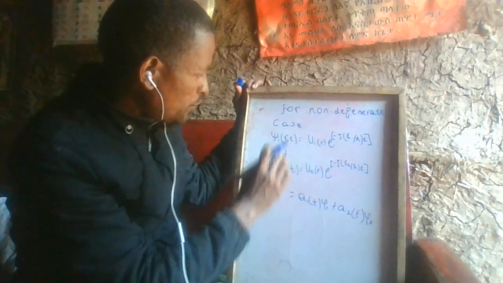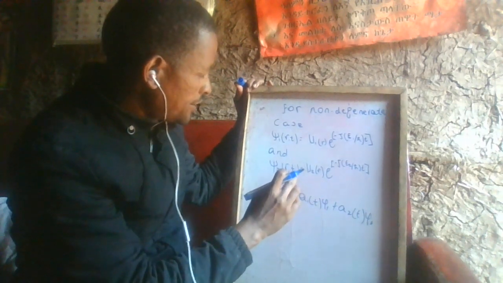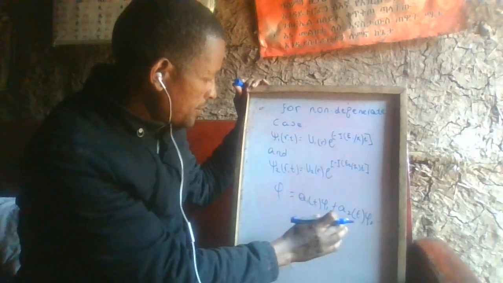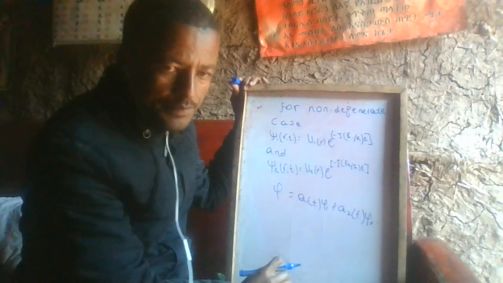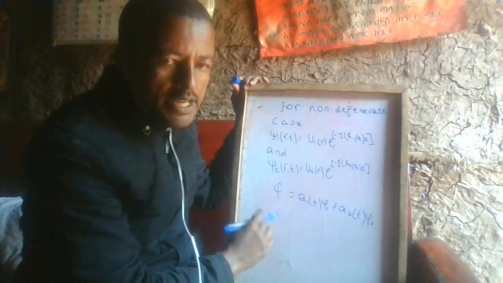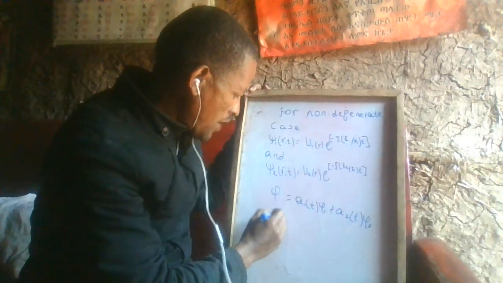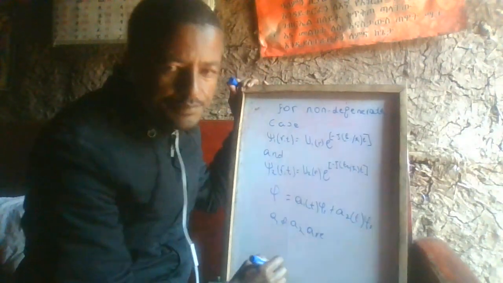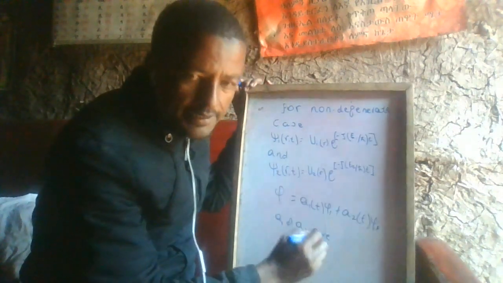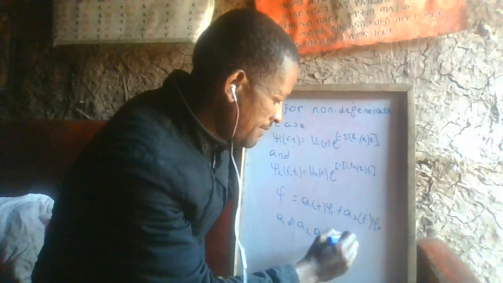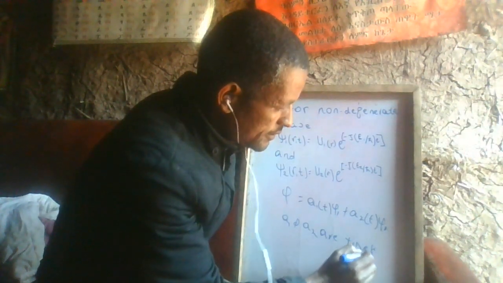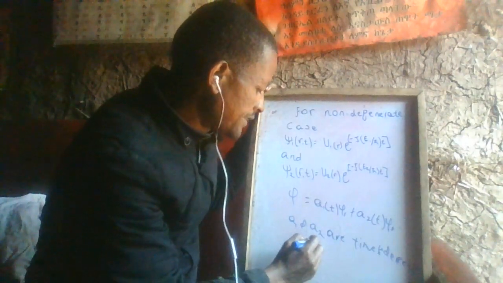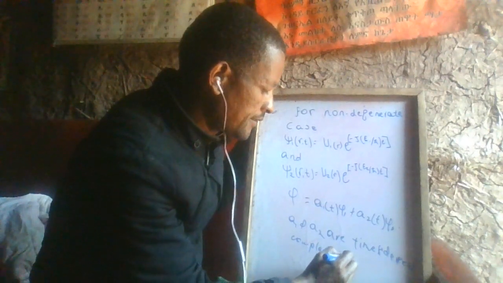The combination of these two energy levels, psi 1 and psi 2, gives the sum psi, where A1 and A2 are time dependent complex numbers.